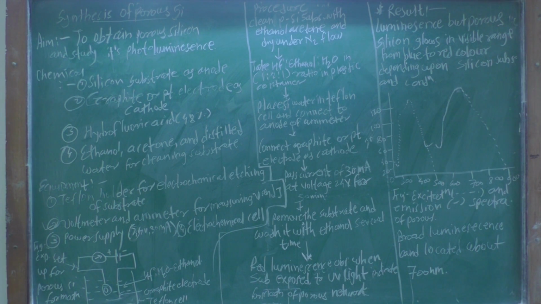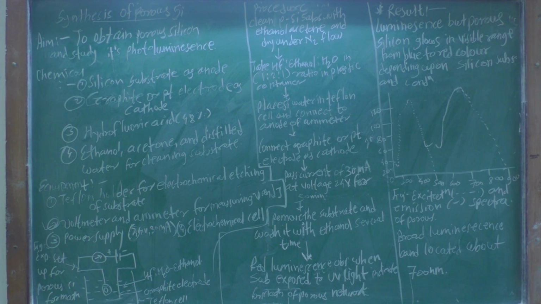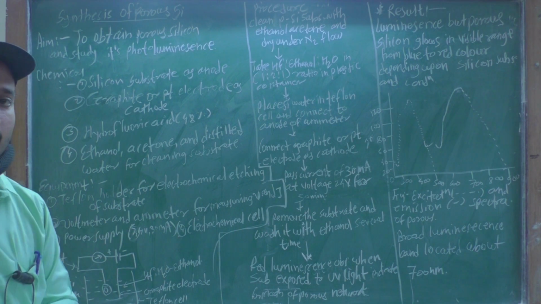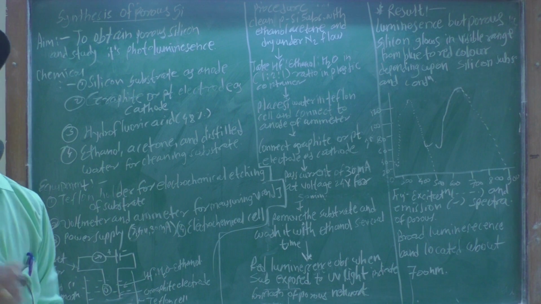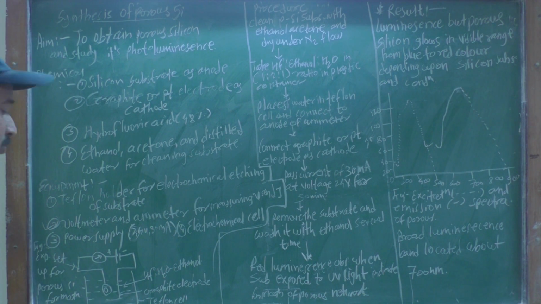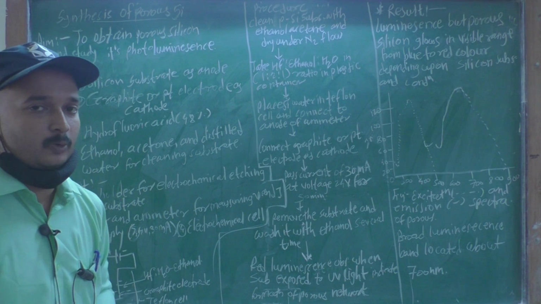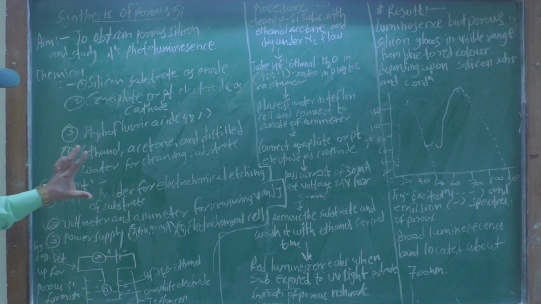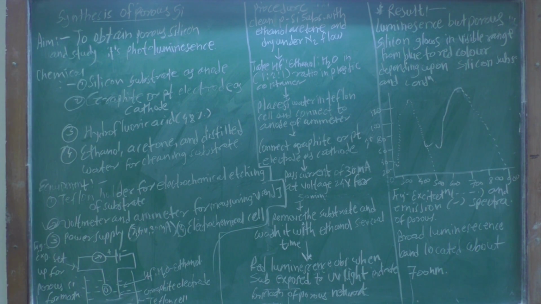The third equipment is the power supply for the Teflon holder, with a voltage of about 24 volts and a current of about 30 milliamperes. And fourthly, electrochemical cells. These are all the equipment you use to synthesize porous silica.